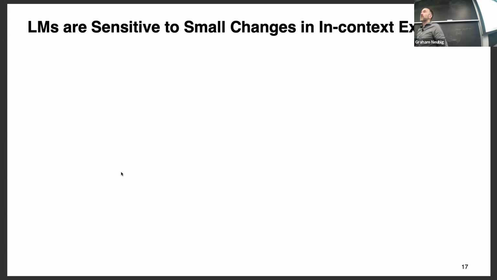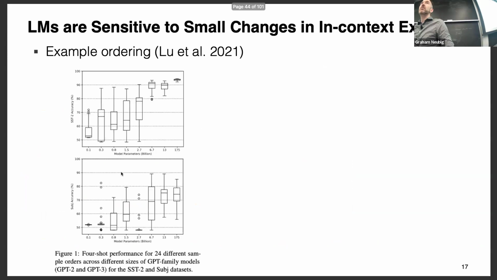So one thing to be aware of is LLMs are sensitive to small changes in the in-context examples that you provide to them. Previous work has examined this from a number of angles. There's a paper by Liu et al., and they examine the sensitivity to example ordering.